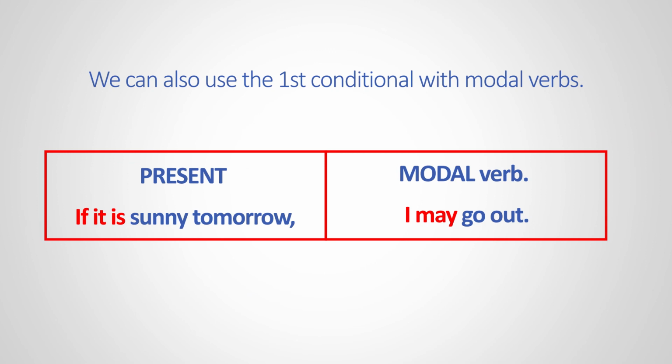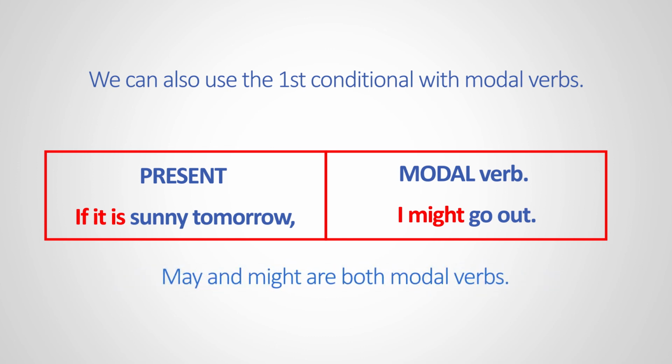If it is sunny tomorrow, I may go out. If it is sunny tomorrow, I might go out. May and might are both modal verbs.